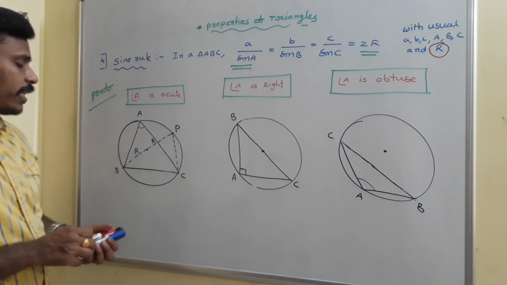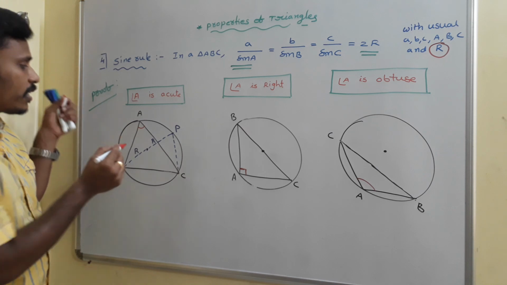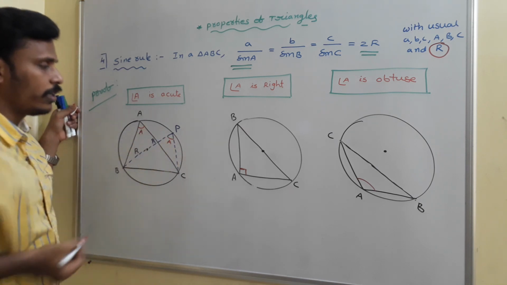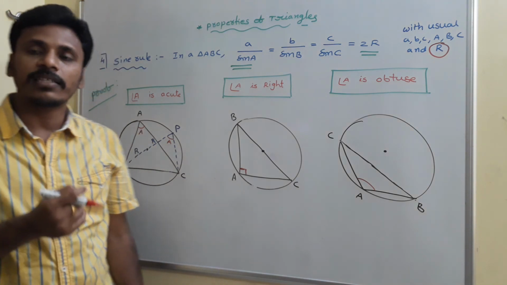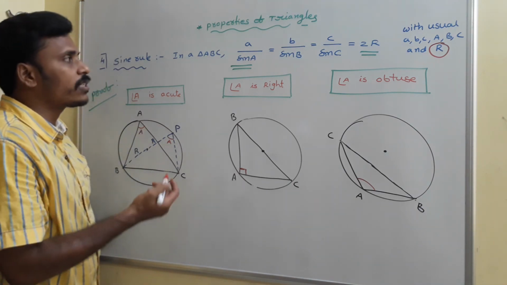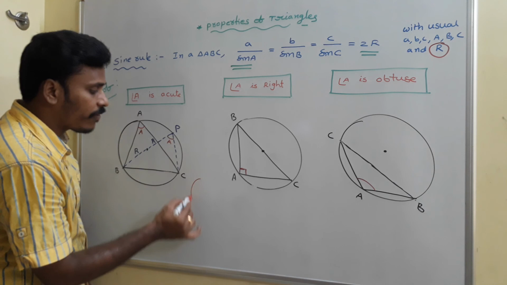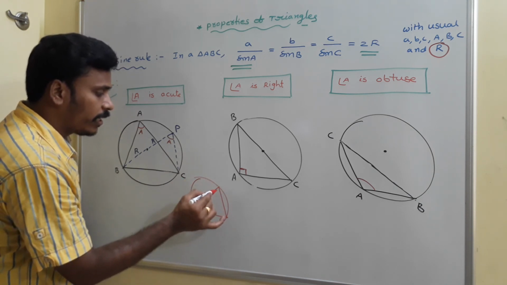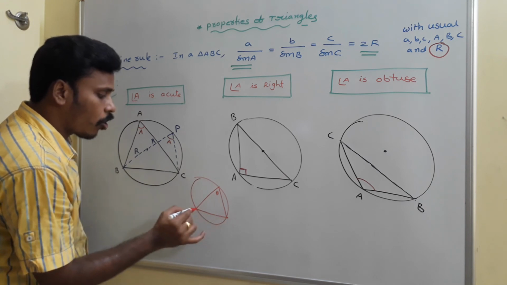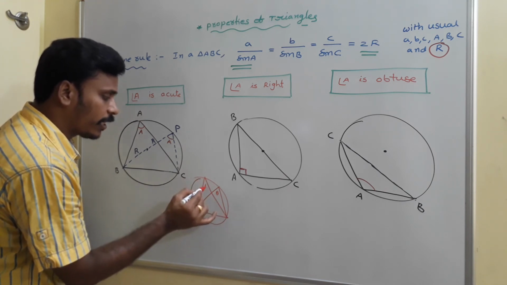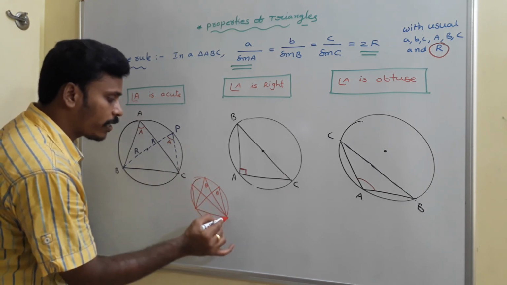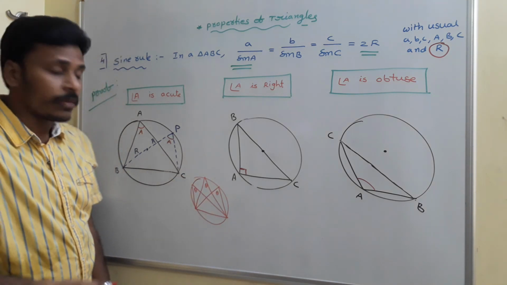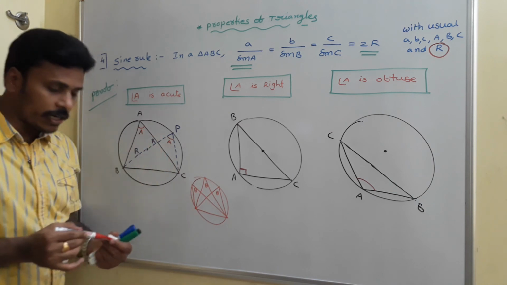It's very clear that this is angle A and angle P is also angle A only, because angles in the same segment are equal. As we discussed in the last class, if we have a circle and a chord, if it makes an angle theta here, then the same chord will make the same angle theta at all the points on the circumference, not only at one point. So here it is A, so for sure it is also A.